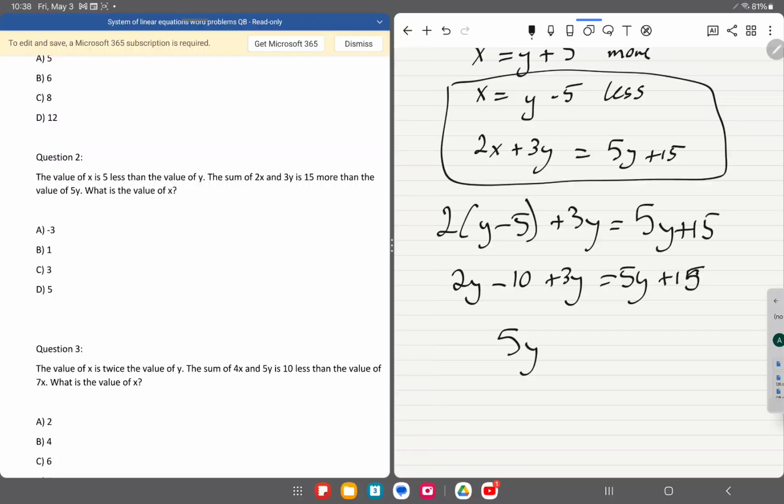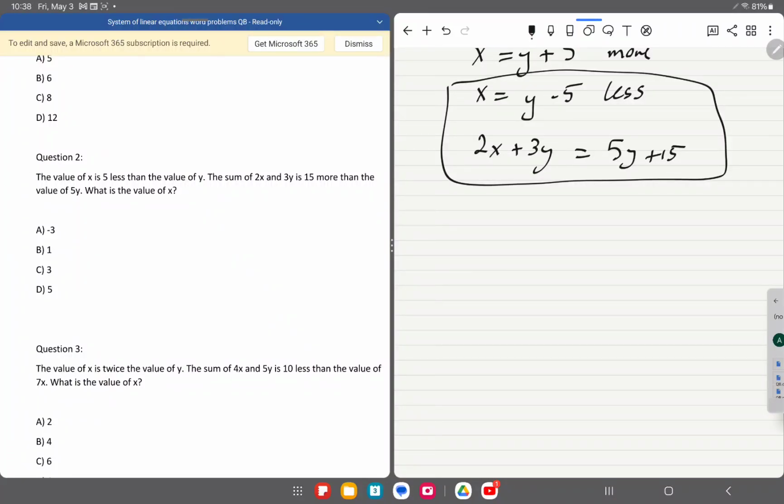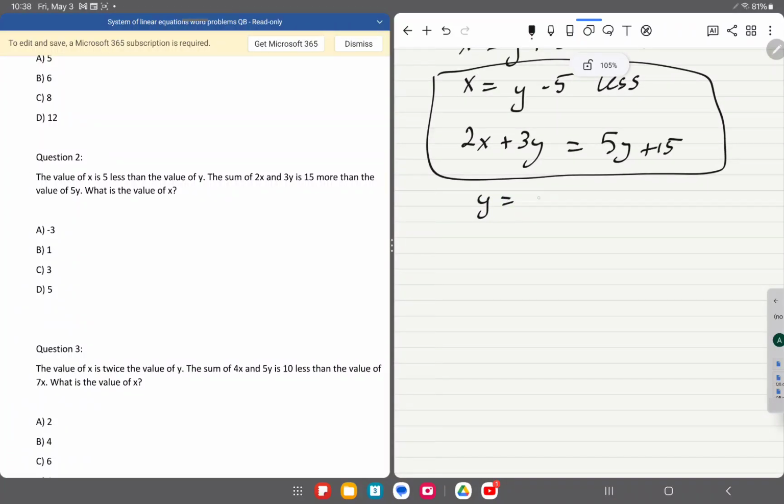The sum of 2x plus 3y is 15 more than the value of 5y. What is the value of x? If I want to get the value of x, I don't have to do this. I can just write y is equals to x plus 5. Okay, let's try that.